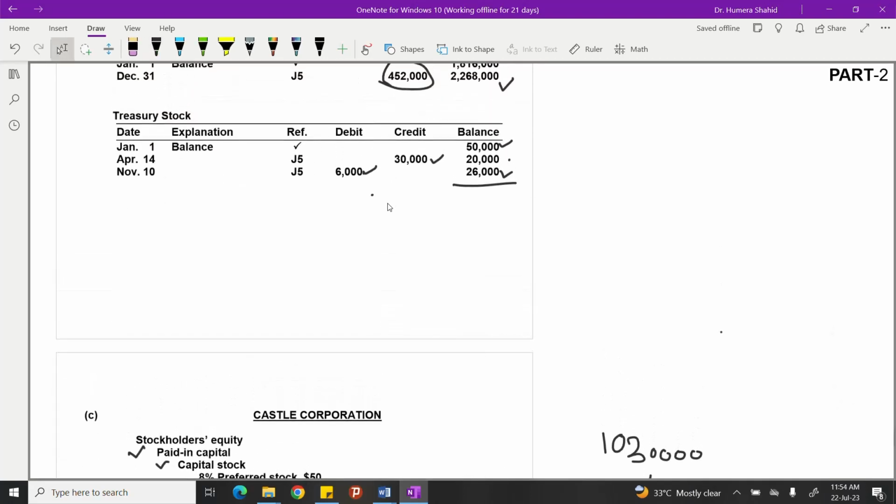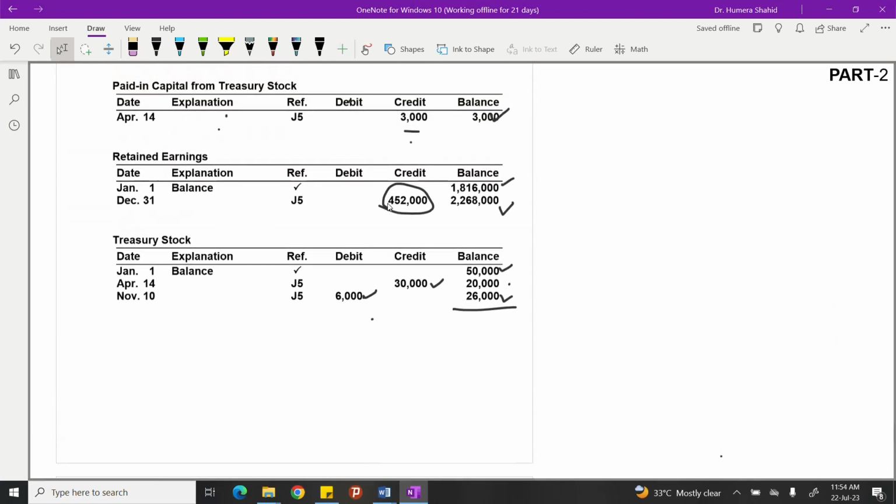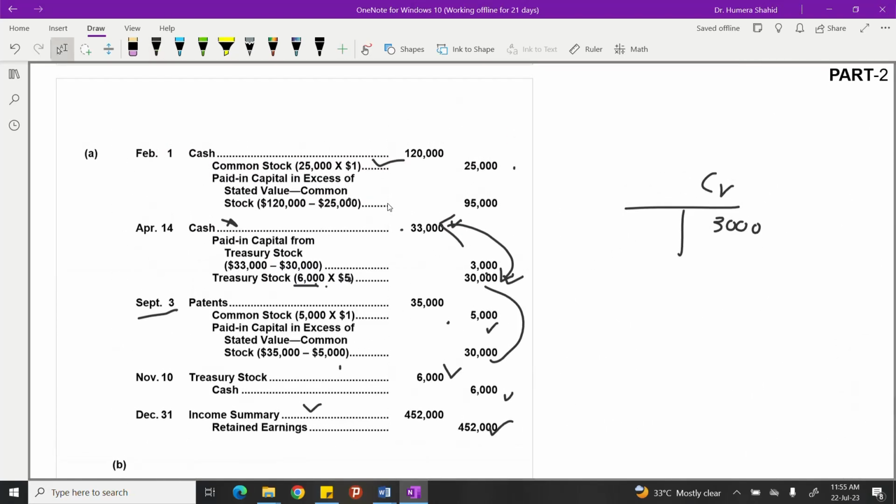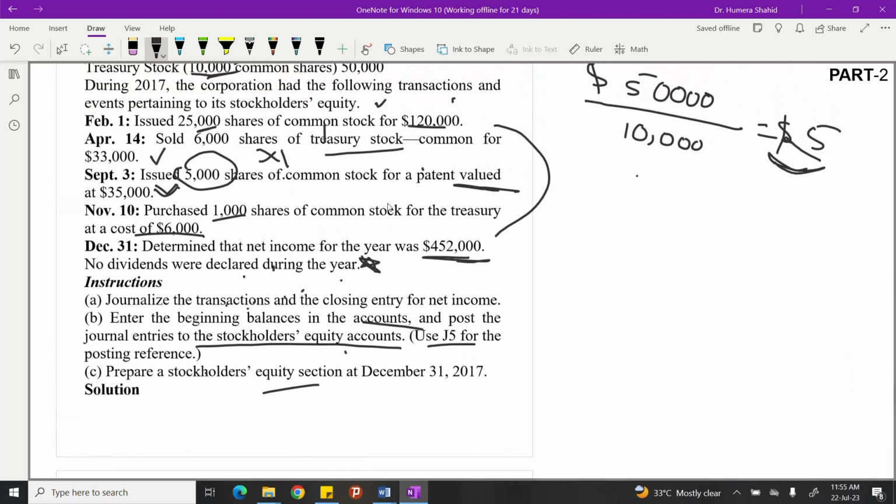Okay, but we have two different values for the treasury stock. If you remember, let's go to the journal entries. The first treasury stock was having a value of 5, and the second treasury stock, it's given over here, it has a different value at a cost of 6.